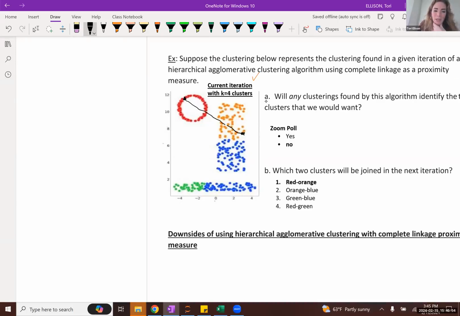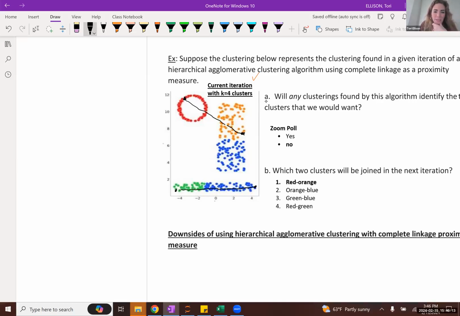And for green and blue, what would be the furthest away points? I think green and blue would be something like this, or actually maybe they're about equal distance here, so it would be something like this.